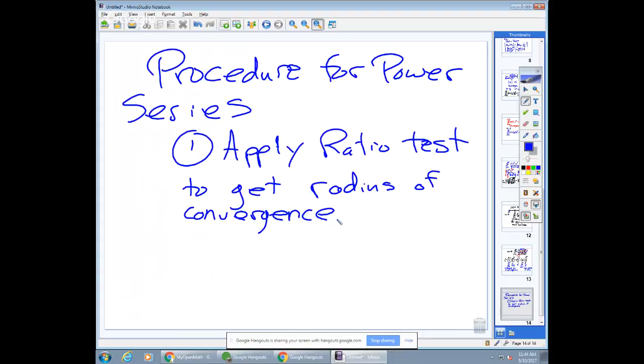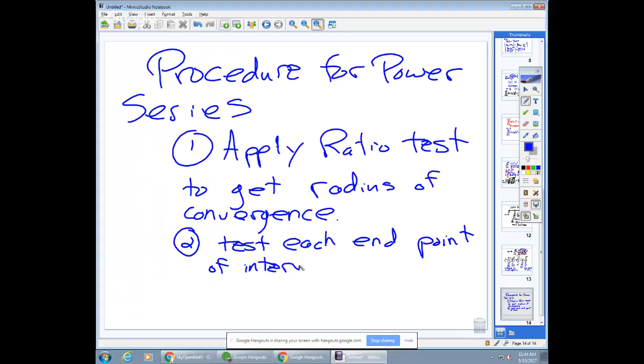Okay, so that gives us a start at our interval. Second step is to test the endpoints of that interval. And the interval is always based on the center and the radius.